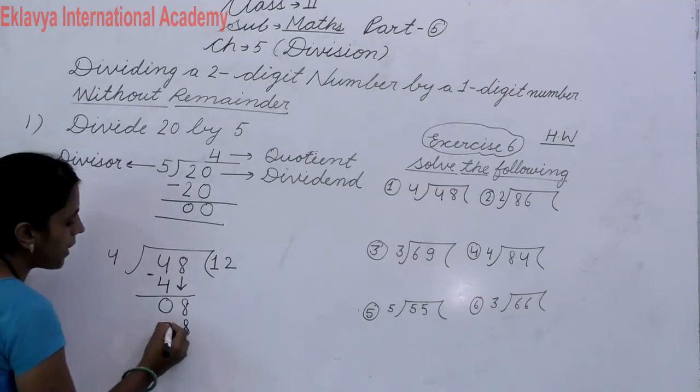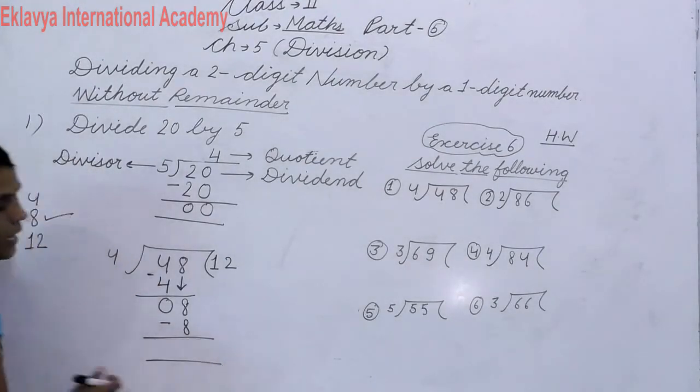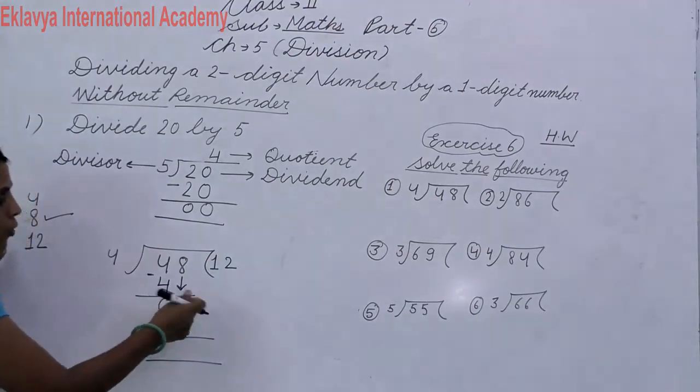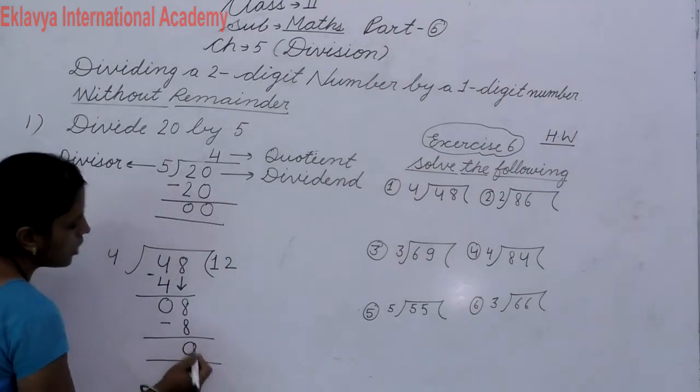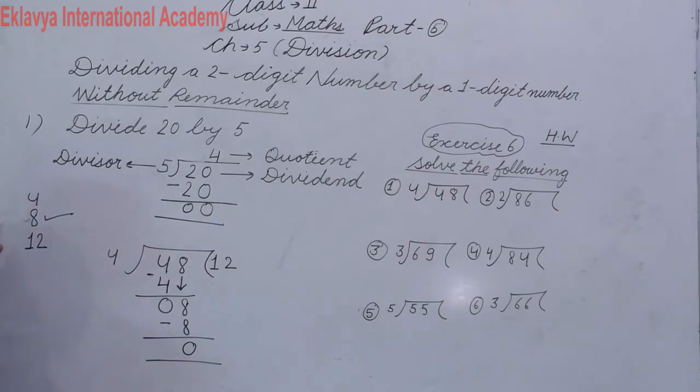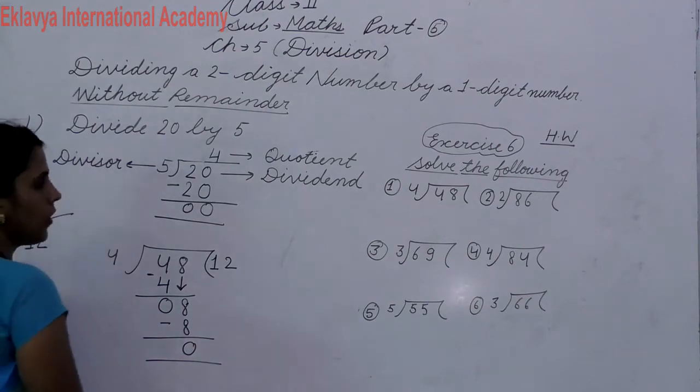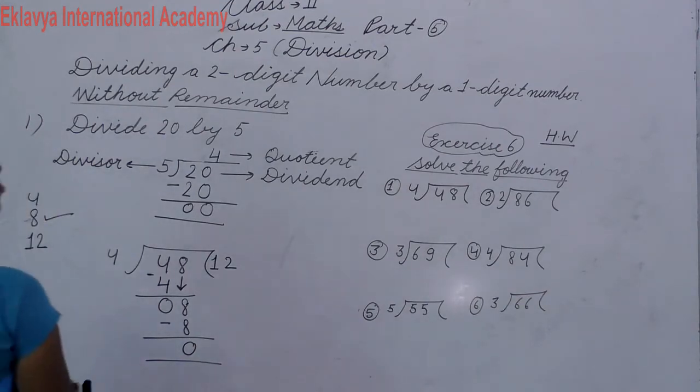Again we will put the subtraction sign. You have 8 toffees, you have written 8 toffees. How many toffees do you have left? Nothing. So we will get 0. That is your second division step. Got it? Do you have any problem? No one has? Doesn't matter.